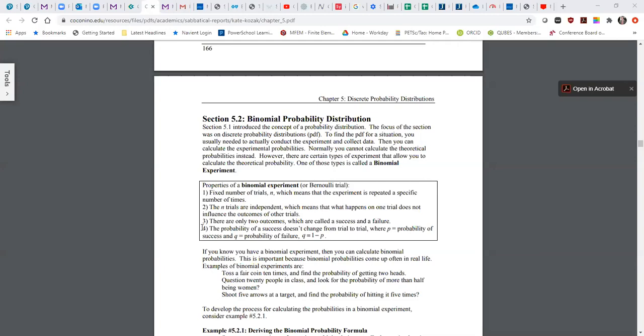The third is there are only two outcomes, called a success and a failure. And the fourth property is the probability of success doesn't change from trial to trial, where p equals the probability of success and q the probability of failure, or q equals 1 minus p. Okay.